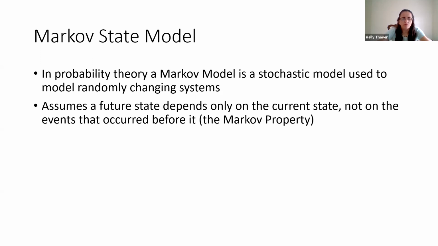So we're going to have random selection, but random selection with a weighted probability, which is the major difference between a purely random walk and what we're going to have here. And this is also going to assume a future state depends only on the current state, not on the events that occurred before it. And that is called the Markov property, which we will look at in more detail.